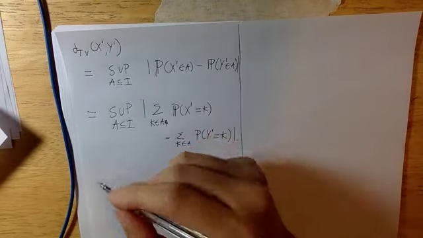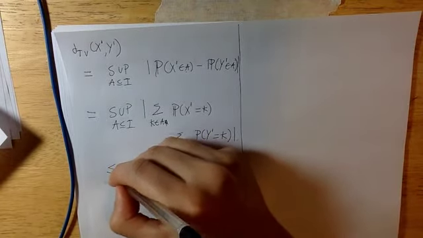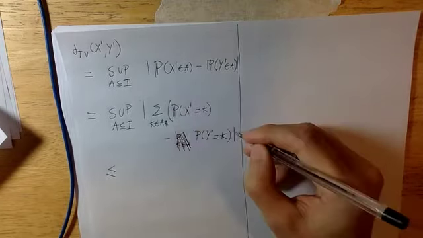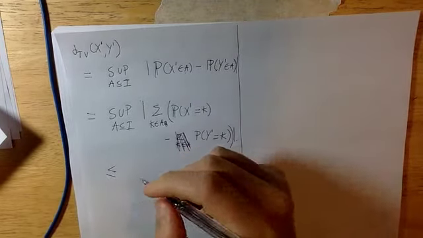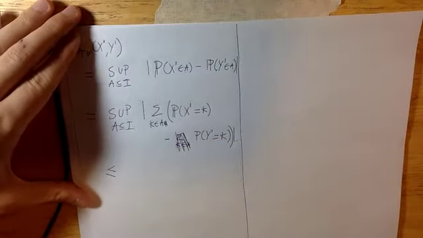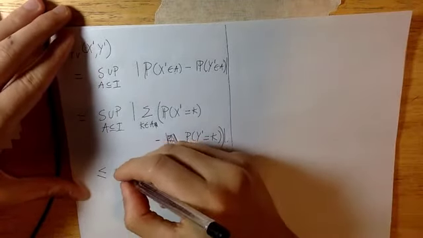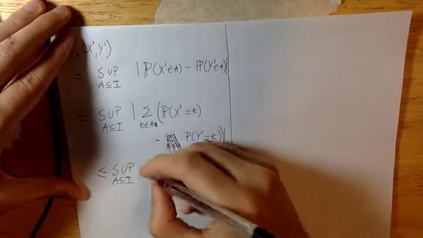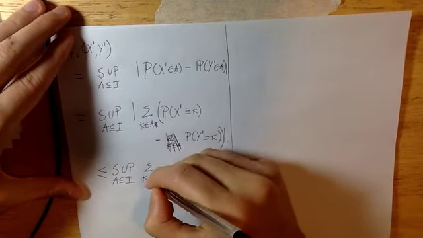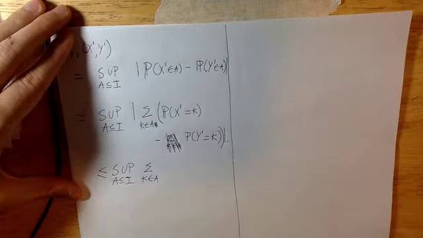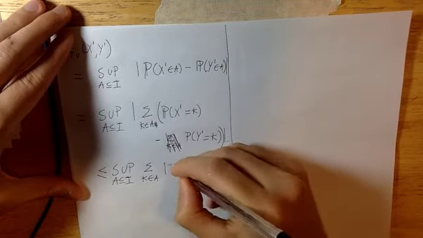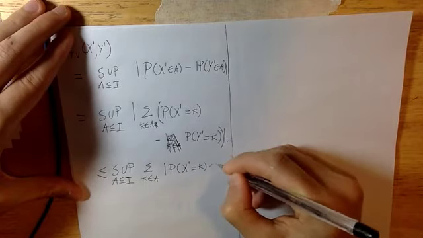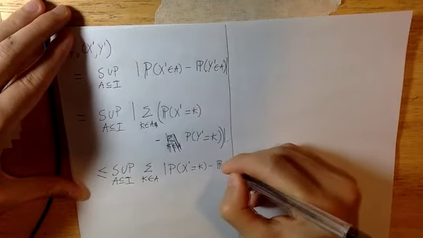This is going to be less or equal. Now we can use the triangle inequality, which says this is less or equal than the supremum over A subset of I of the sum over k in A of the absolute value of the probability that X prime is equal to k minus the probability that Y prime is equal to k.